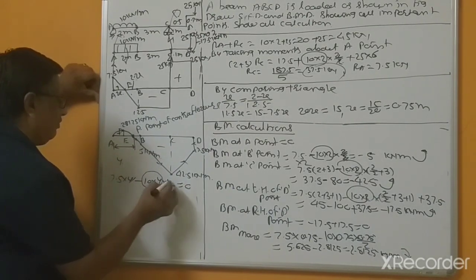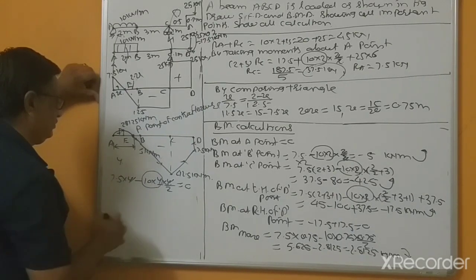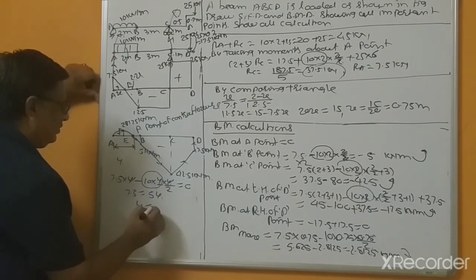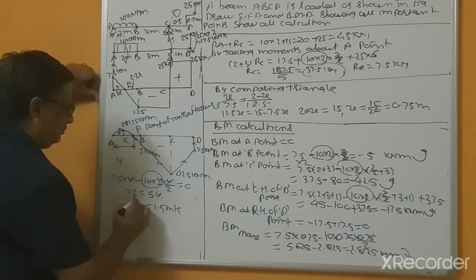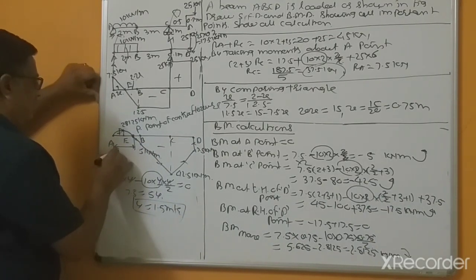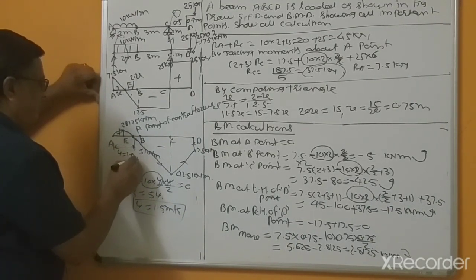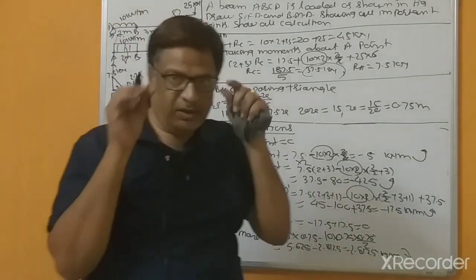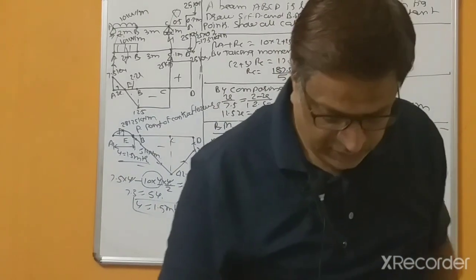So one y will get cancelled. 7.5 equal to 5y, or y equal to 1.5 meter. So this distance equal to 1.5 meter. So this is your required bending moment calculation.